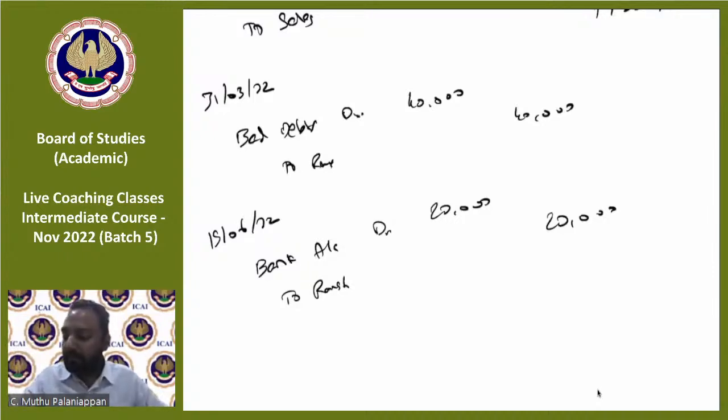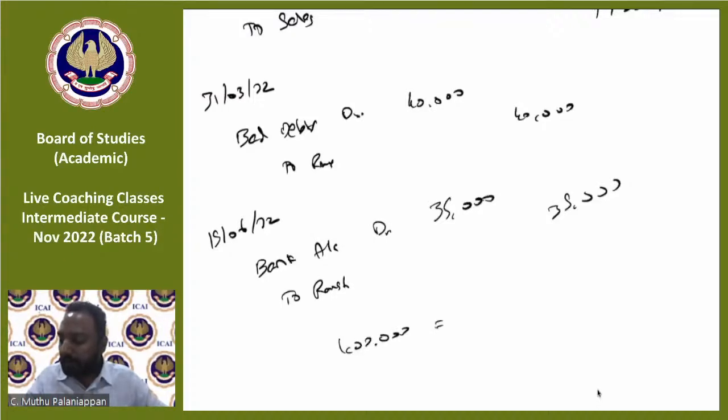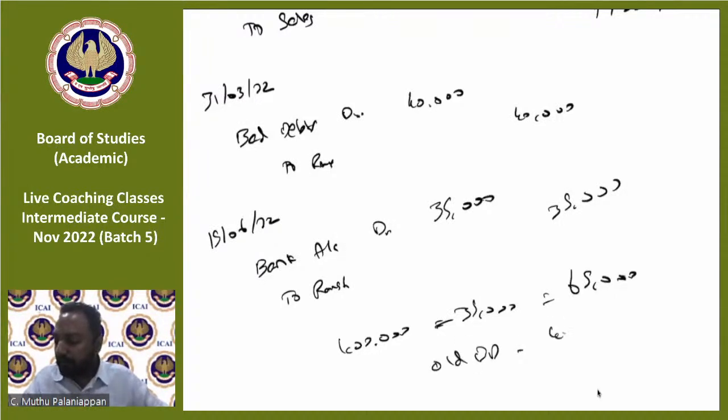Okay, so we'll change this amount for convenience. So 35,000 is received out of 1 lakh. So the balance recoverable is 65,000. Out of 65,000, old bad debt is 40,000.